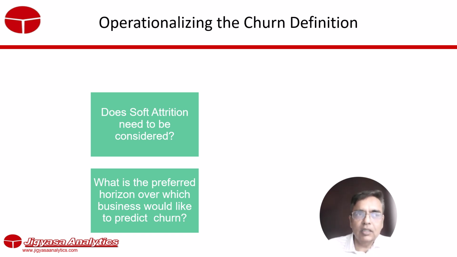It depends on the type of contracts you have, where the customer is on the contract, but it is something you need to consider and bake into your definition. So when you do the actual model and you define these churn variables, whether it will be something like likelihood to churn over the next week or likelihood to churn over the next month or the next quarter, something like that, it has to be well defined.